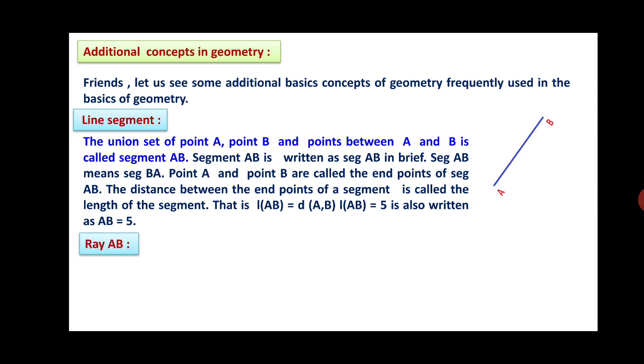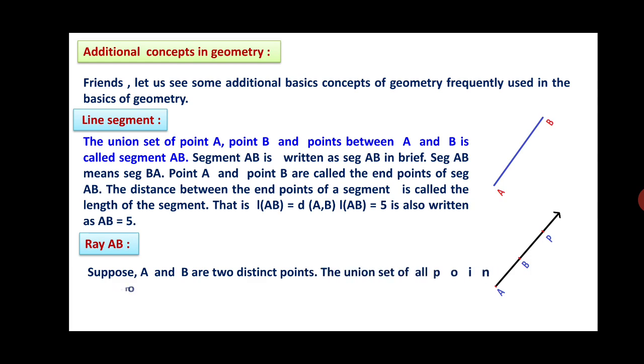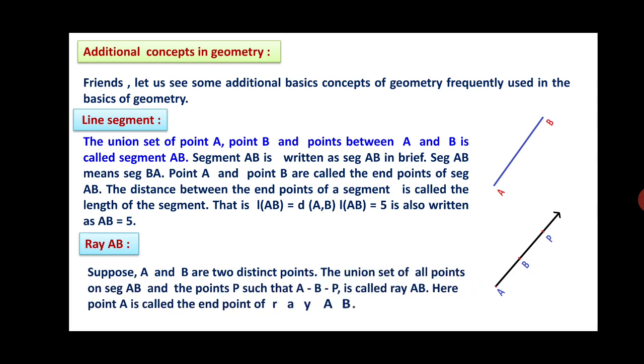The second is ray AB. You can see it in the adjoining figure. Suppose A and B are two distinct points. The union set of all points on segment AB and the points P such that A-B-P is a betweenness is called ray AB. Here, point A is called the endpoint of ray AB. Now we'll see the third one, line AB.